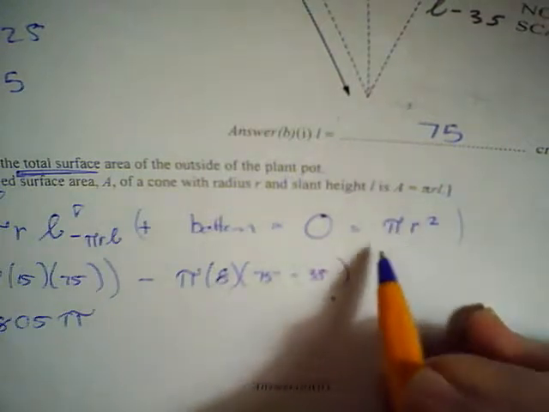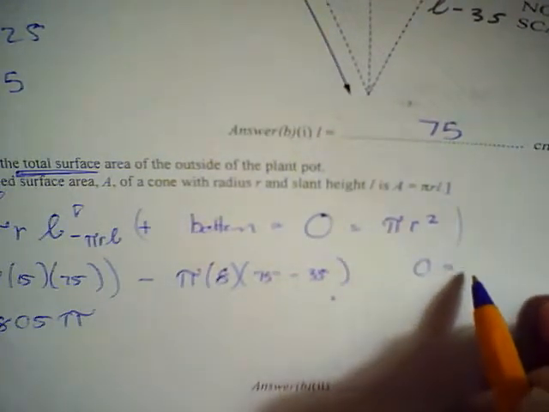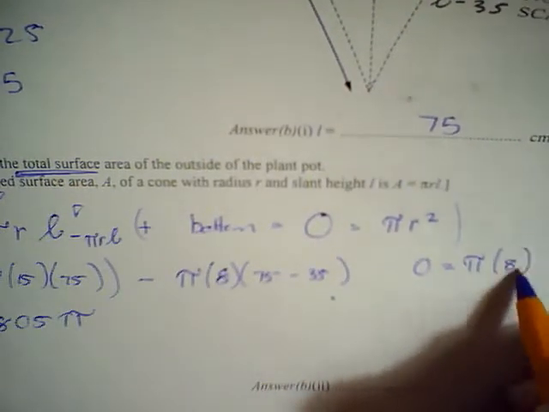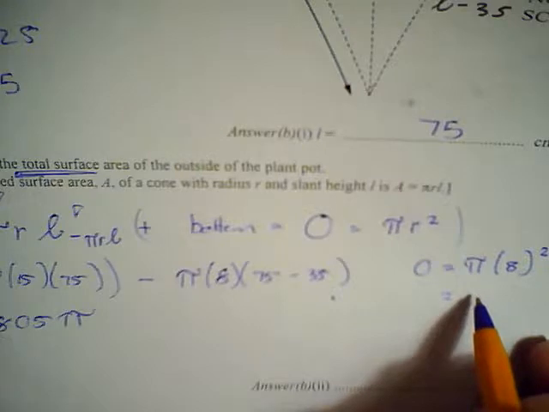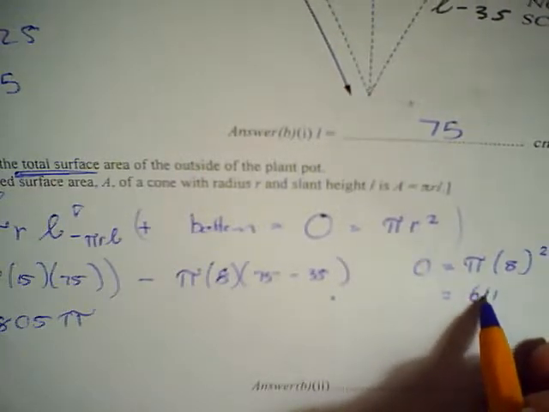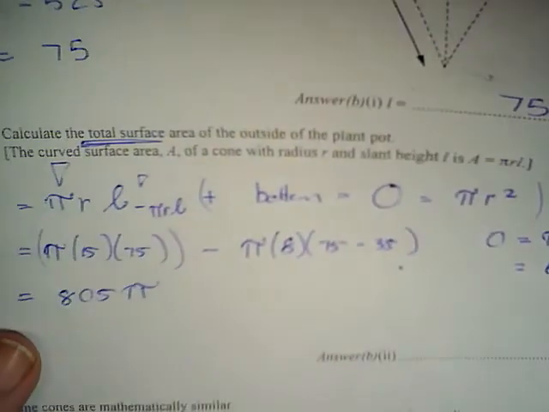Okay, now for the bottom, because they say the total surface area, just watch this out, the total surface area includes pi r squared. So my circle, my bottom would be pi, and r is 8 squared. So that would give me 64 pi. Okay, so I want the total.